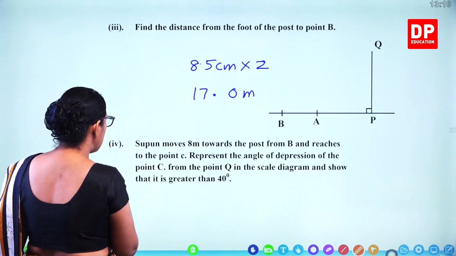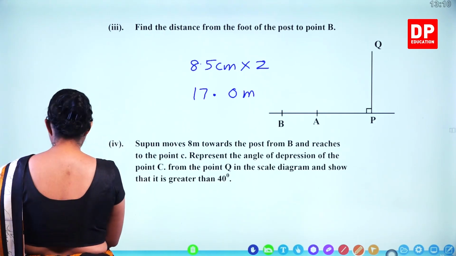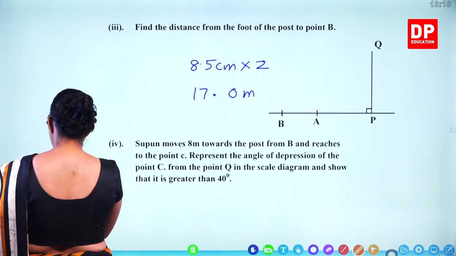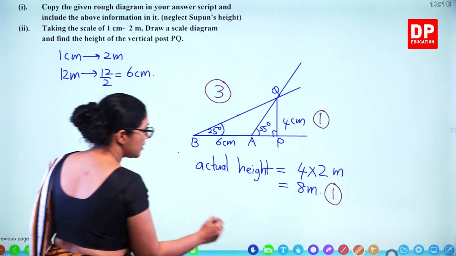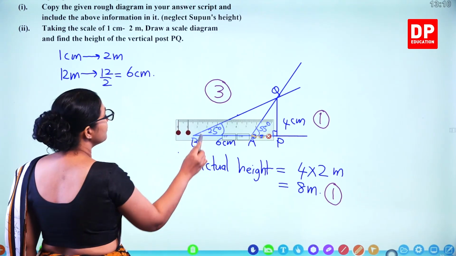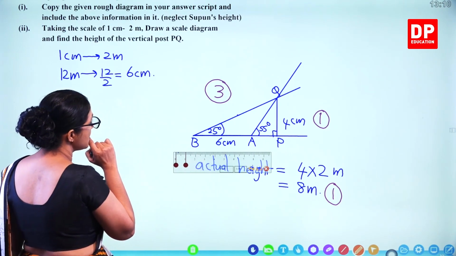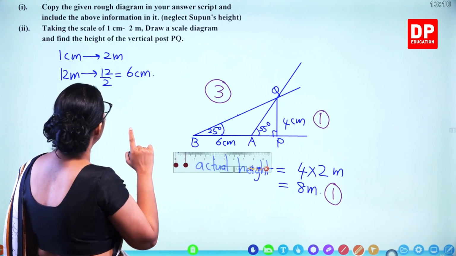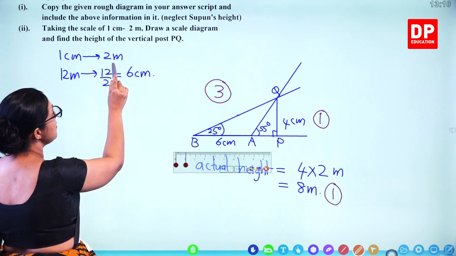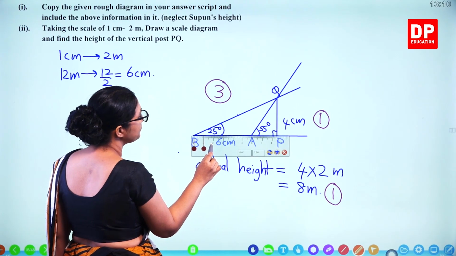Supun moves 8 meters towards the post from B. 8 meters. So we can take the ruler and see what's the distance. 8 meters means 4 centimeters. So 8 meters divided by 2, 4 centimeters we have to take from B.